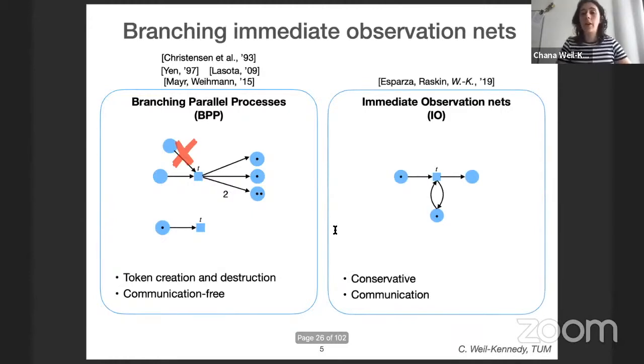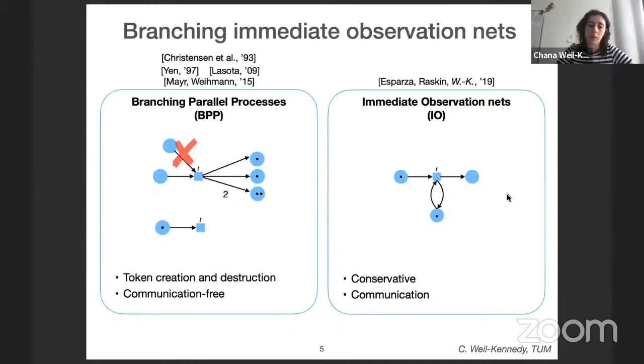The other Petri net subclass that bionets generalize is less studied. It was studied by Javier and Michael and I last year, and they're called immediate observation nets. We had studied them because they had a good application domain to population protocols, which we were studying. But basically, they are also defined by their transition relation.